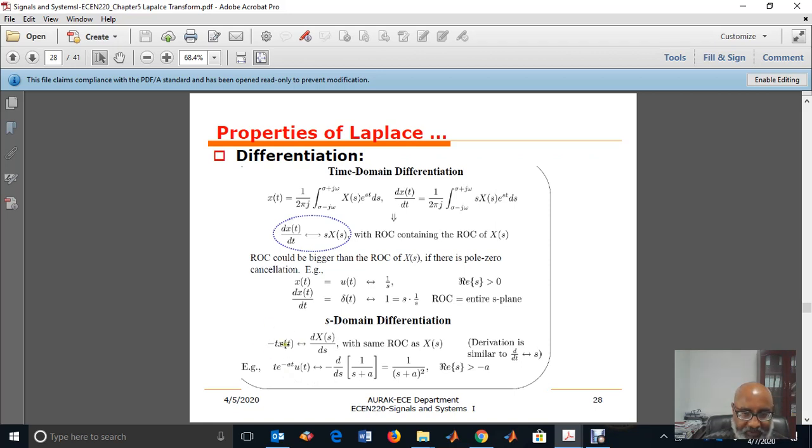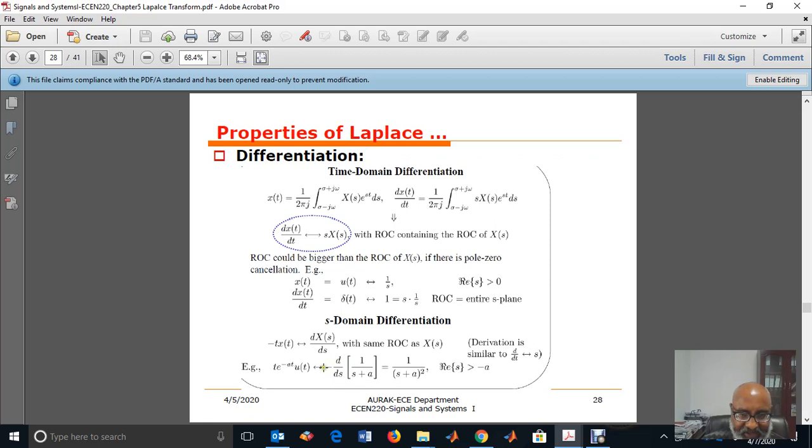From this property, t times x of t has the Laplace transform minus dX(s)/ds. So for example, for t times e raised to minus at u(t), first, what is the Laplace transform of e to the power of minus at u(t)? It is 1 over s plus a.